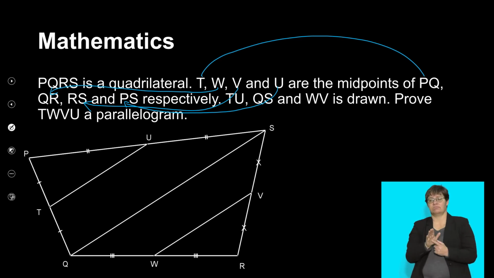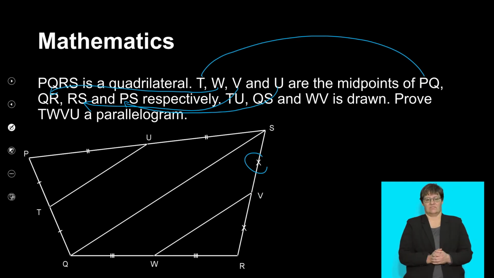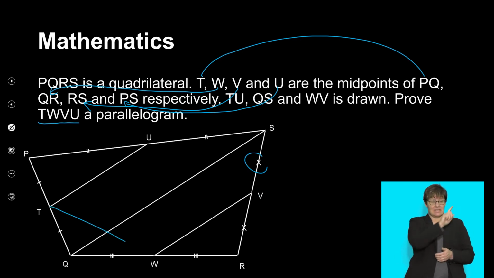And then I try to indicate them with liners, and then this is an X there, just to say they are equal. All right, so what they want me to now prove is that TWVU is a parallelogram. So I'm just going to draw out the lines that are missing, which is the TW and the VU.